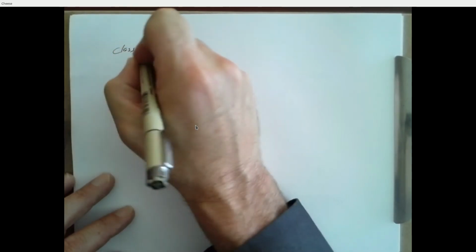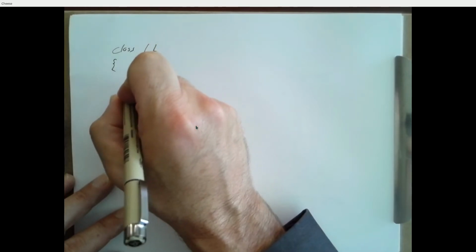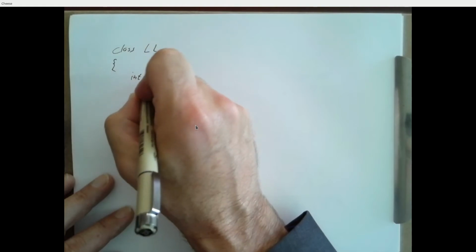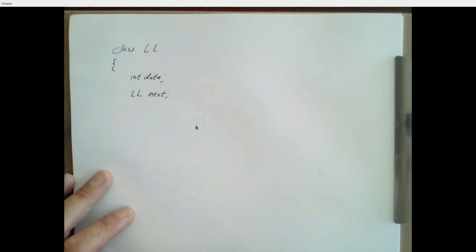So our linked list class might have a data field. And I saw places where the next field was also a linked list class.